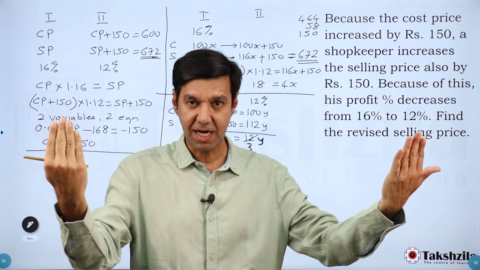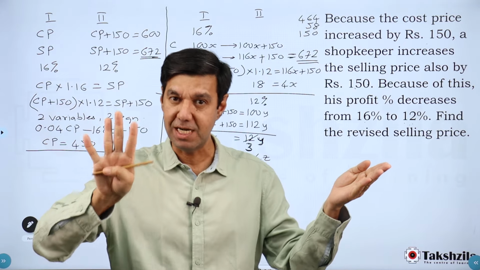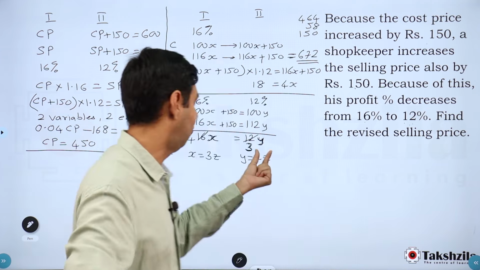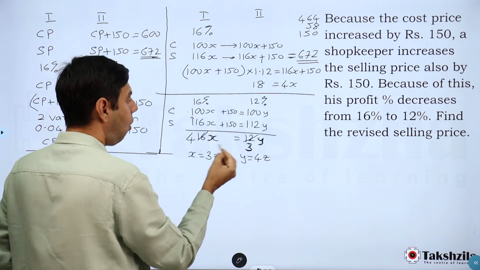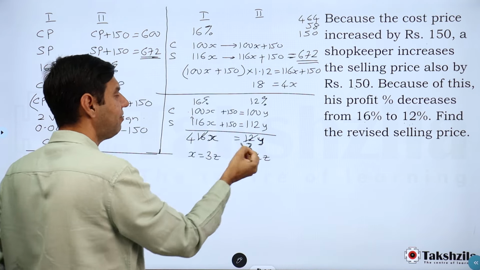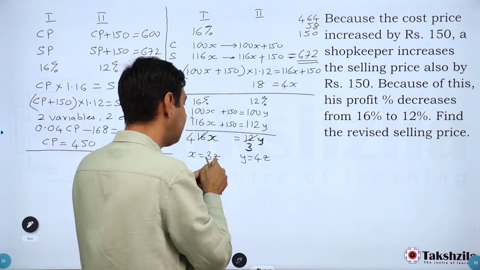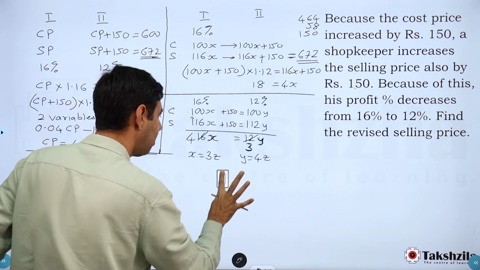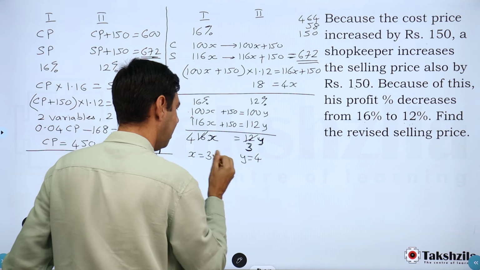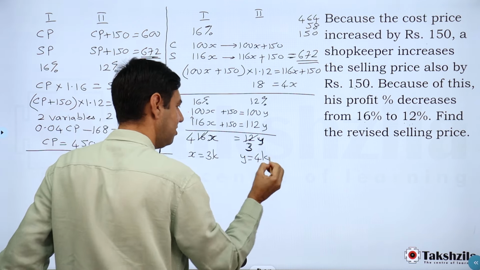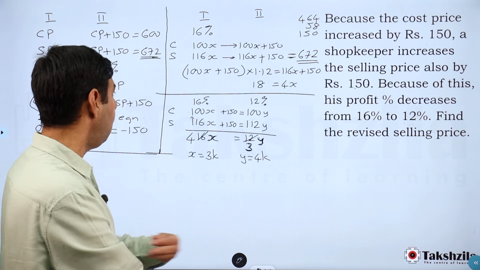So this side 4, this side 3, and you want both to be equal. So multiply this with a 3, multiply this with a 4. So you get 12. Or else it's simply talking about the ratio of x and y is 3:4. And if the ratio is 3:4, you can take them as 3k and 4k. So if you don't like the z part, just put a k part, if you want to talk the ratio language.